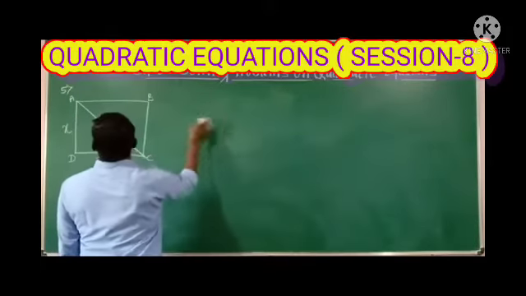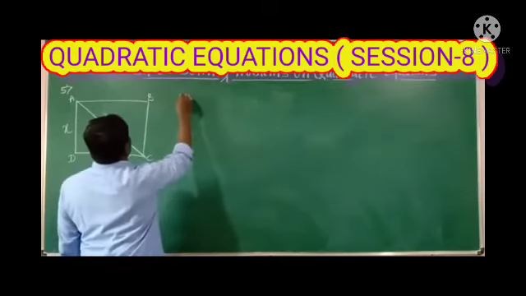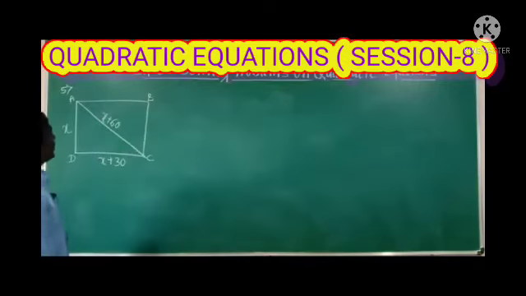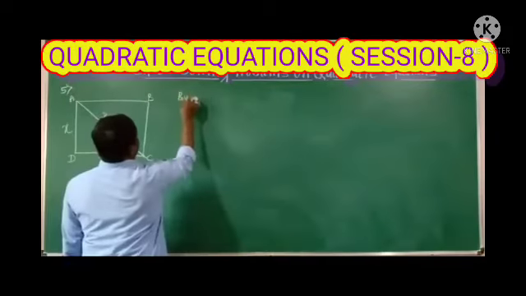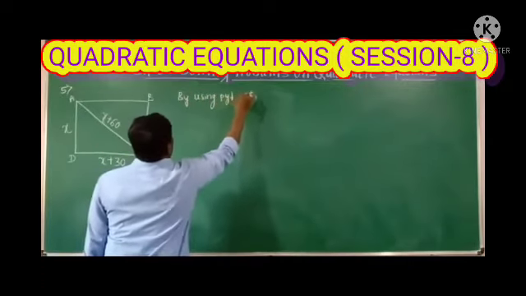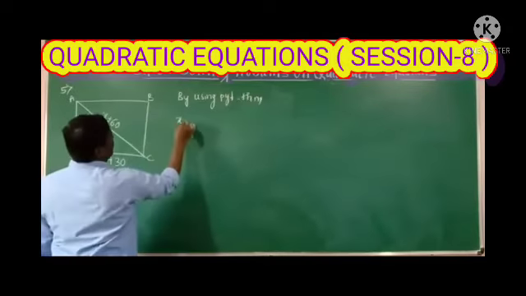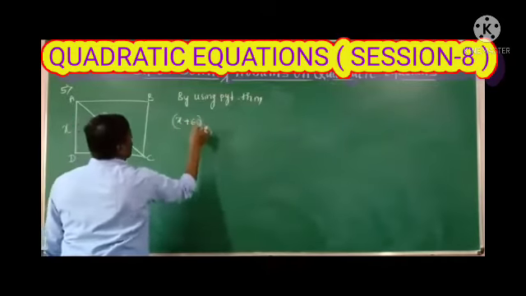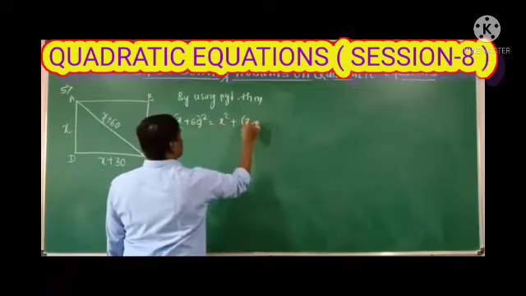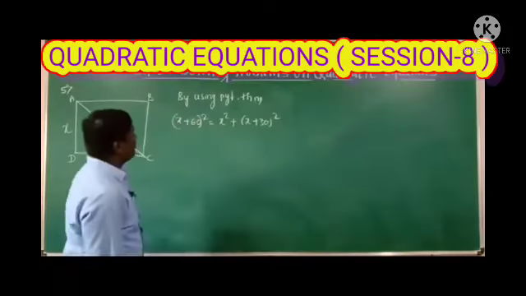and find the roots of the quadratic equation as well as the lengths of the sides of the rectangle, by using the Pythagoras theorem. So I can write: x plus 60 whole square is equal to x square plus x plus 30 whole square. It's in the form of a plus b whole square.